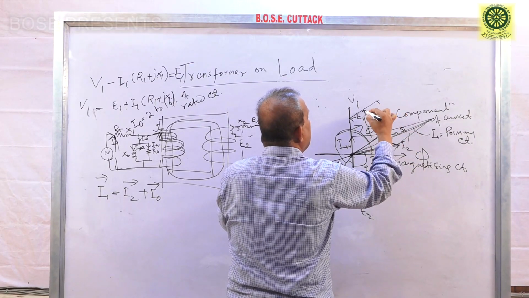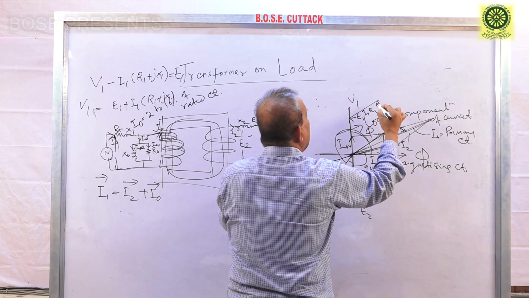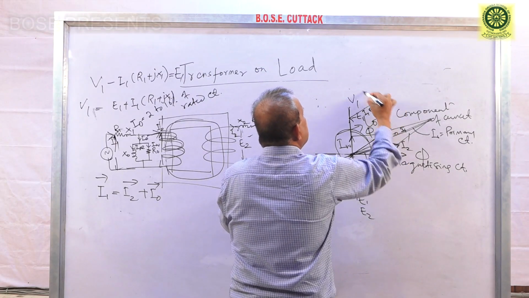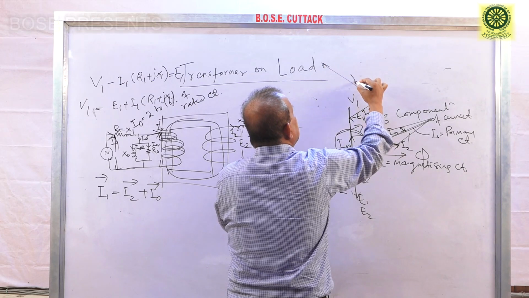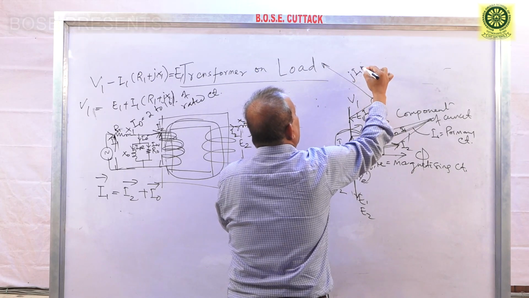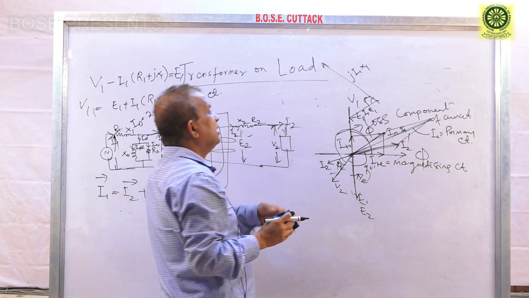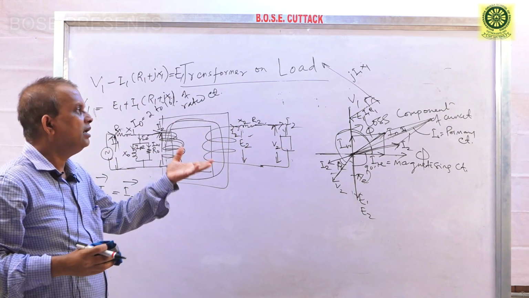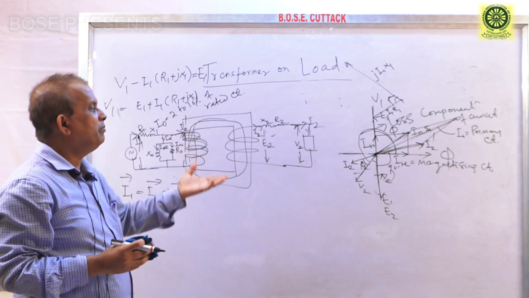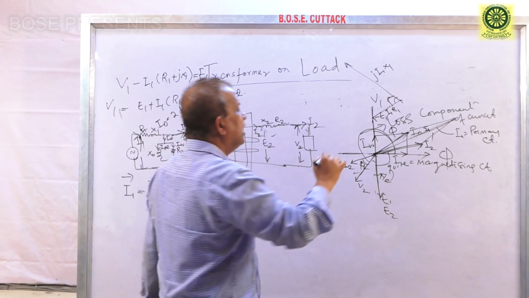This is I1 R1, and at 90 degrees to this is jI1 X1, because the phasor, when multiplied by j, rotates by 90 degrees.